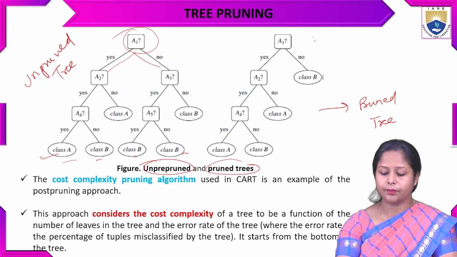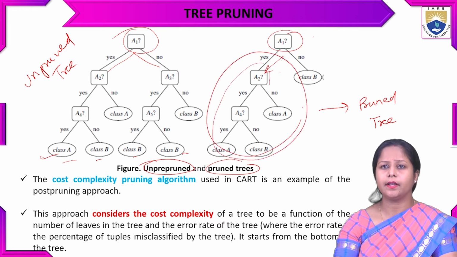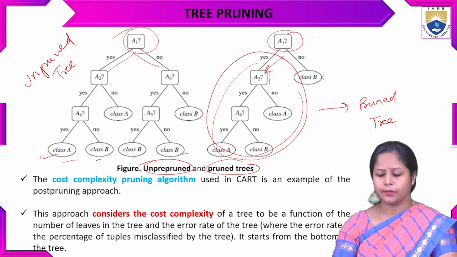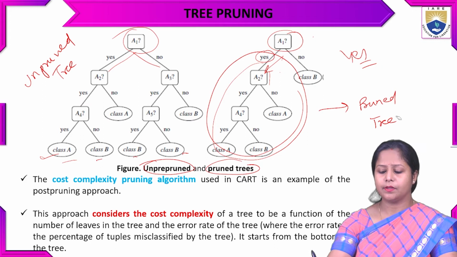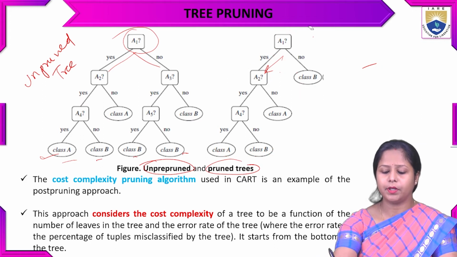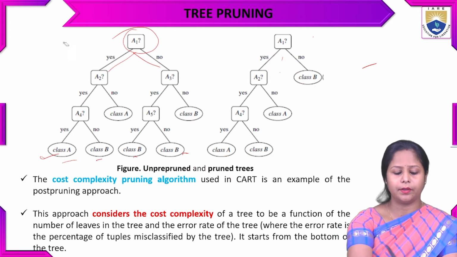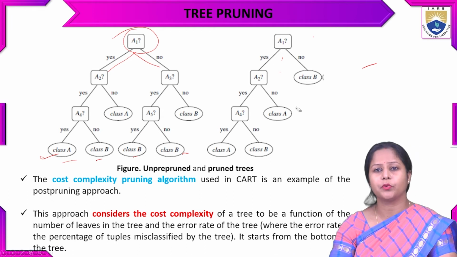We only have the A1 node, and after that it divides into yes and no. So this is how the tree looks after pruning.